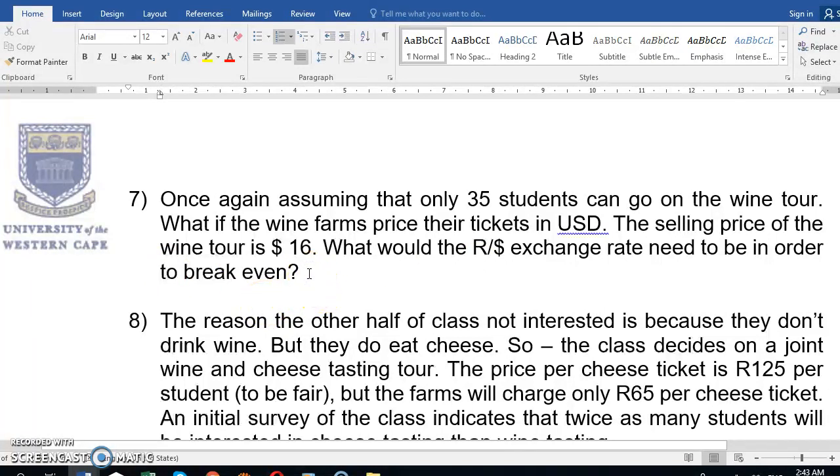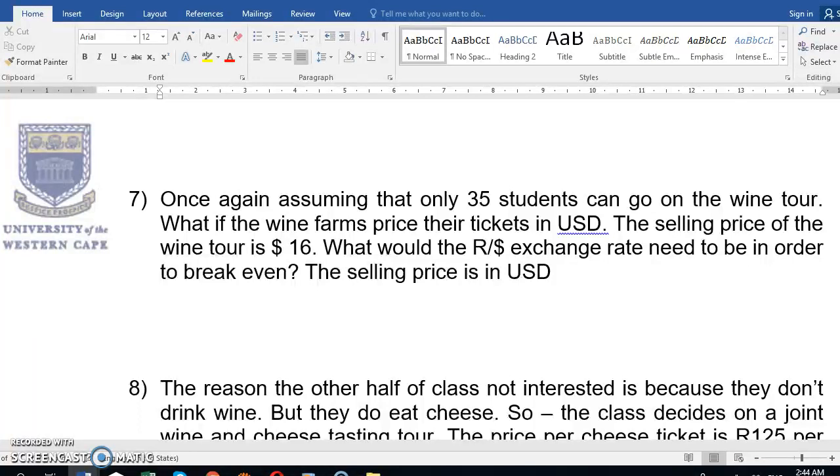So in this case, the selling price is in US dollars.